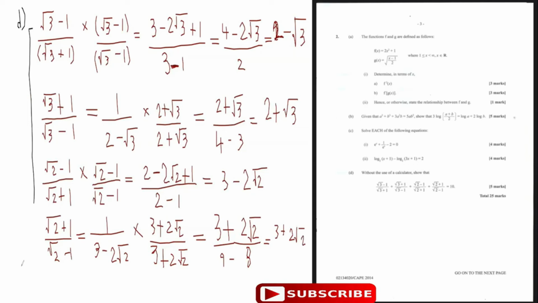The root of 3 minus 1 over the root of 3 plus 1, plus the root of 3 plus 1 over the root of 3 minus 1, plus the root of 2 minus 1 over the root of 2 plus 1, plus the root of 2 plus 1 over the root of 2 minus 1.